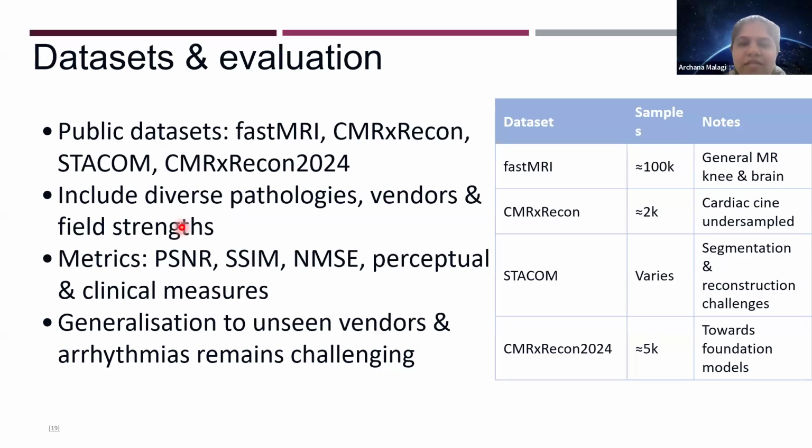I also agree with you that we need more public datasets, not only from one part of the region. For example, fastMRI and CMRxRecon are from one part of the region. For brain imaging, we have a variety of datasets from different parts of the world. For example, there is a platform called ADNI, where it's publicly available.